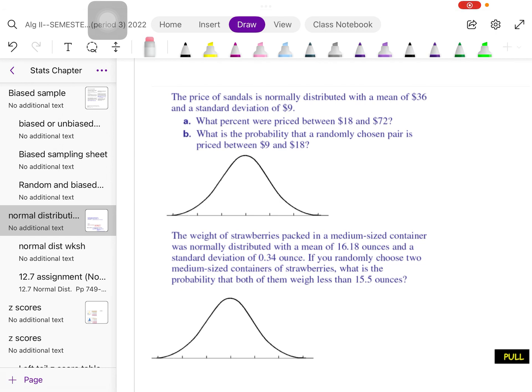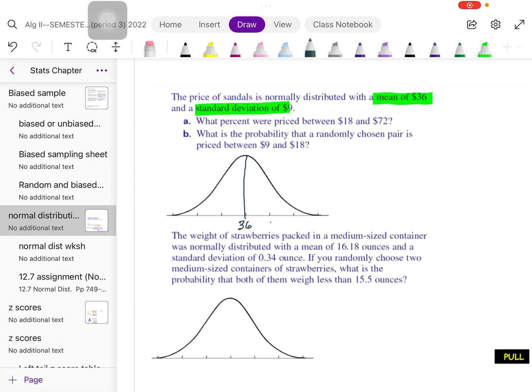Then you will be asked questions like this. The price of sandals is normally distributed with a mean of $36 and a standard deviation of $9. So if I'm going to start my bell-shaped curve, here is my mean, that is $36.